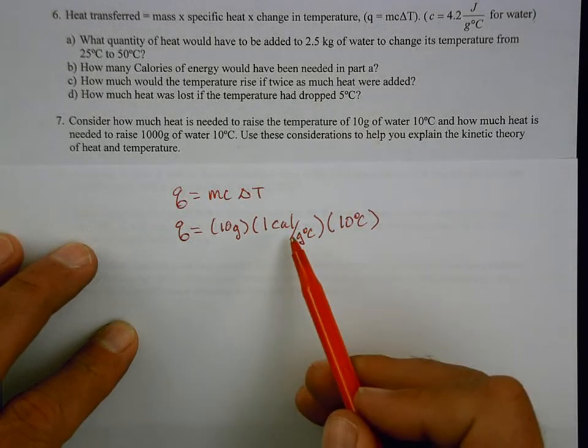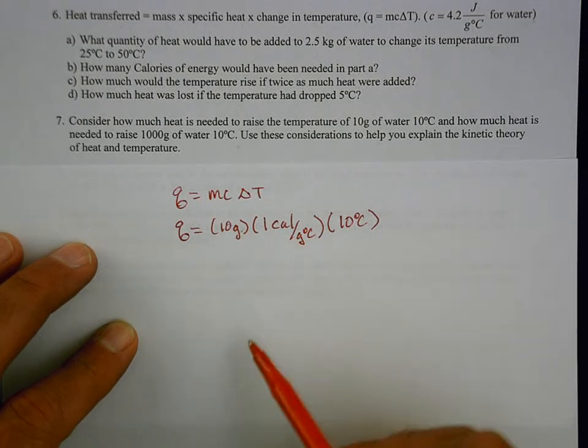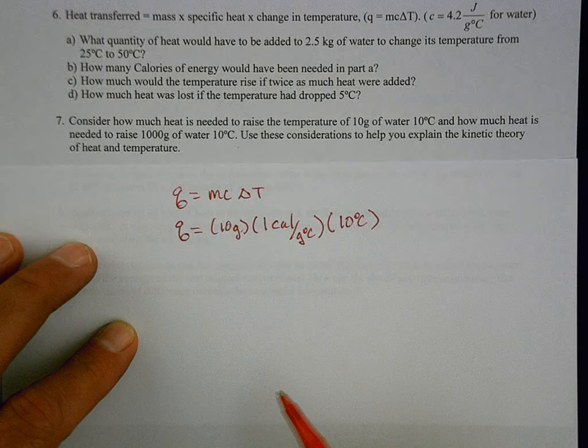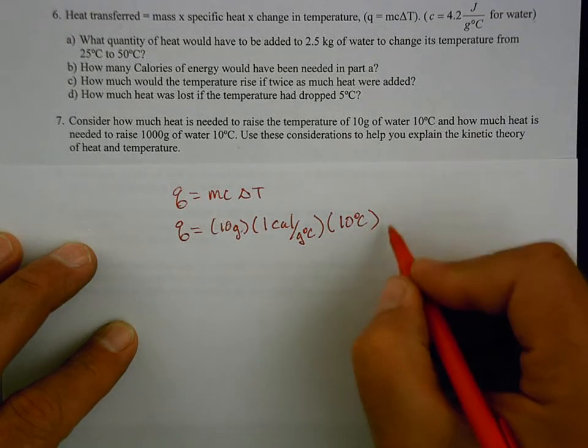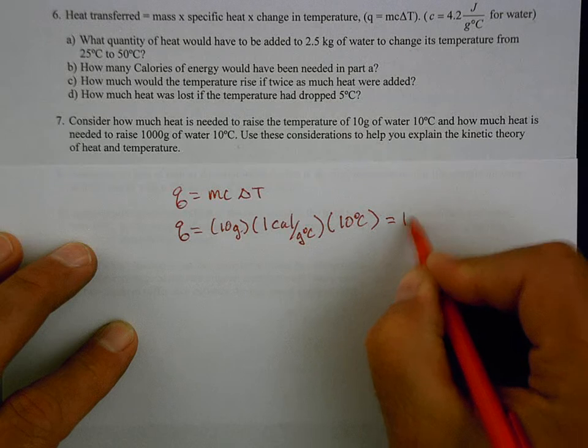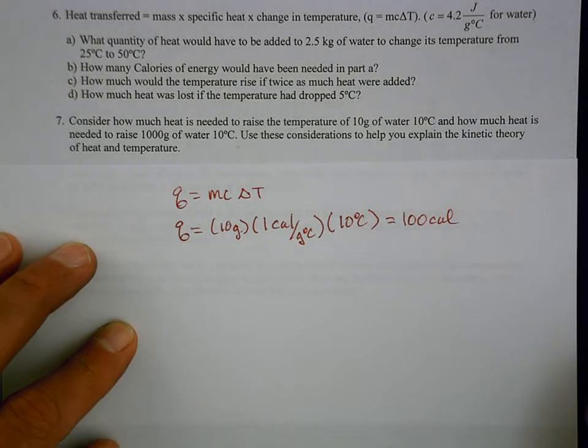And you see why the specific heat has 3 units, because the grams will get canceled and the degrees will get canceled, and I'll be just left in calories, the units for heat. Well, 10 times 10, okay, takes 100 calories to heat up 10 grams of water.